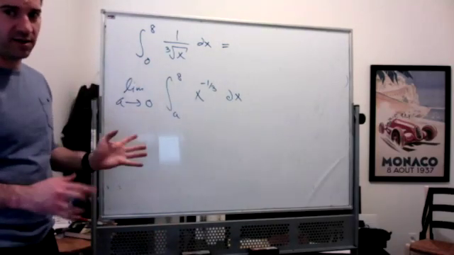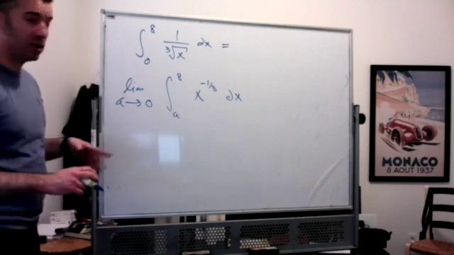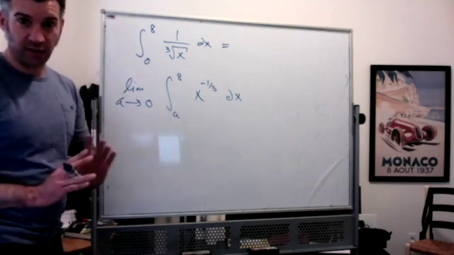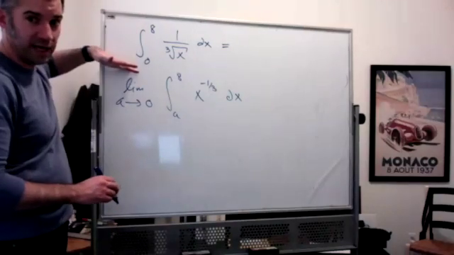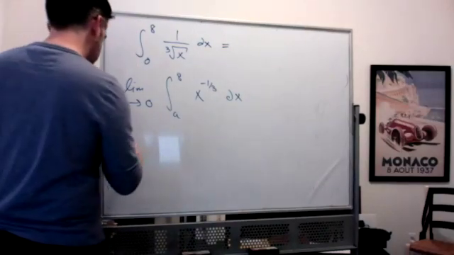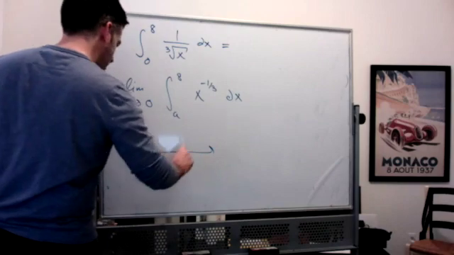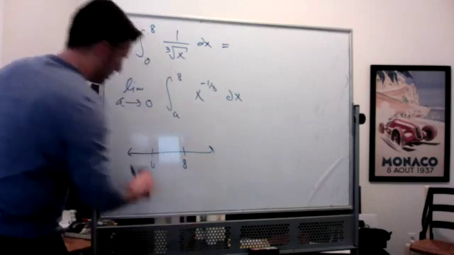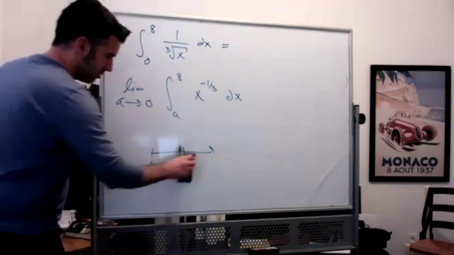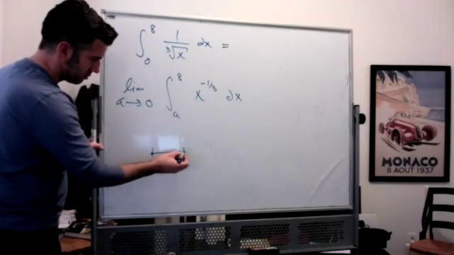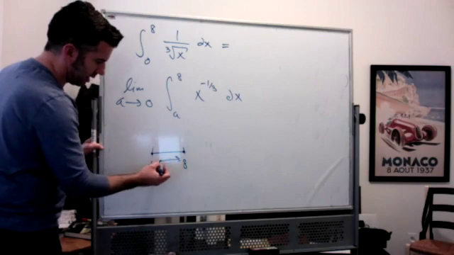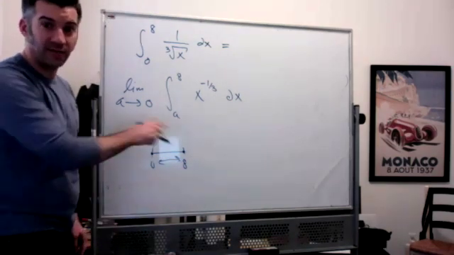Now, I didn't actually write this exactly right. It's mostly right, but technically, when you're not dealing with infinity as one of your limits of integration and you have an improper integral between 0 and 8, right? This integral is from 0 to 8. And none of this other stuff matters. So let me ask you, if we're between 0 and 8, what side of 0 are we on?